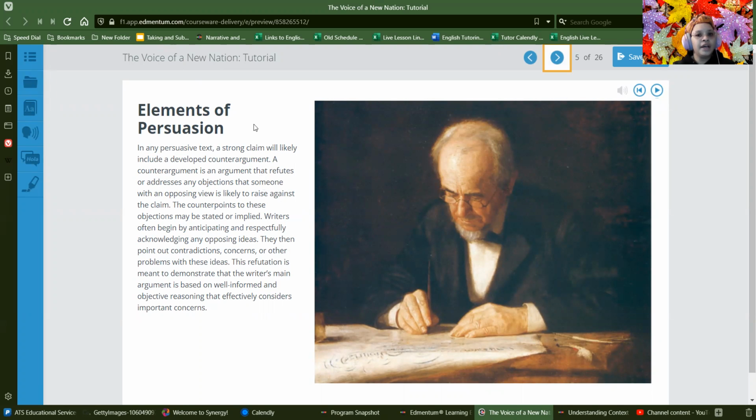So here on this first slide, slide number 5, we get the elements of persuasion. They're talking about one specific element of persuasion, which is the counter argument. Now, if you go to the English resource course, there is a section that is devoted to the different parts of a persuasive argument, and counter argument is one of them.